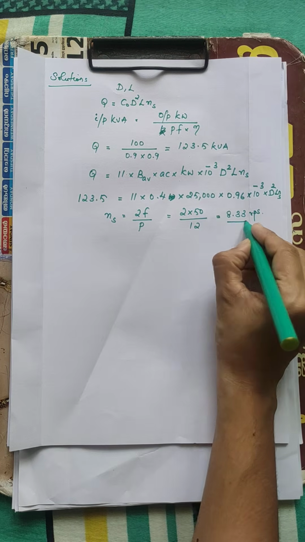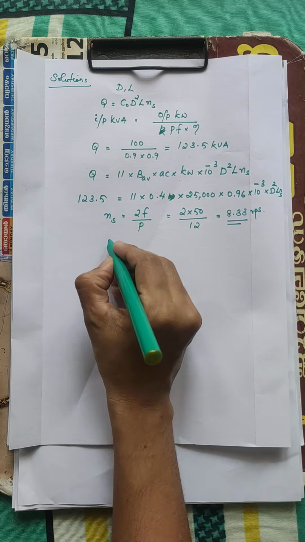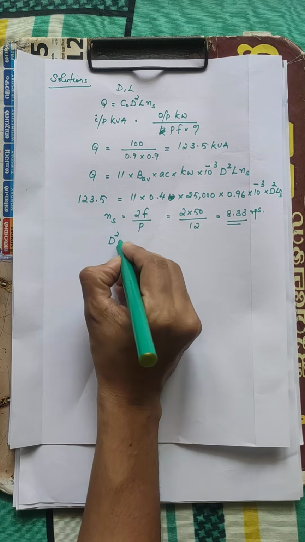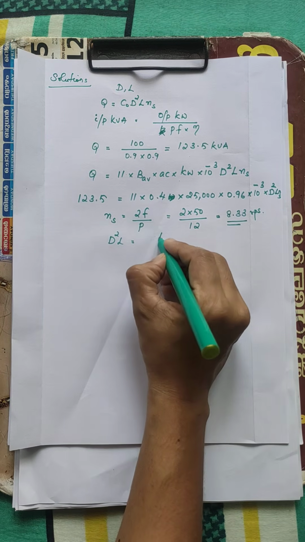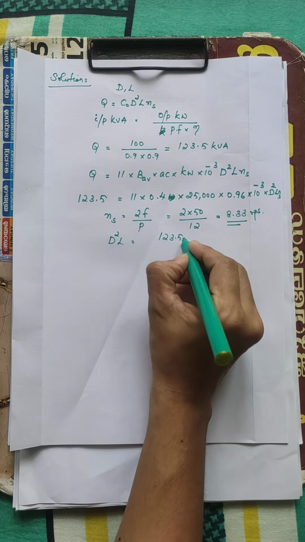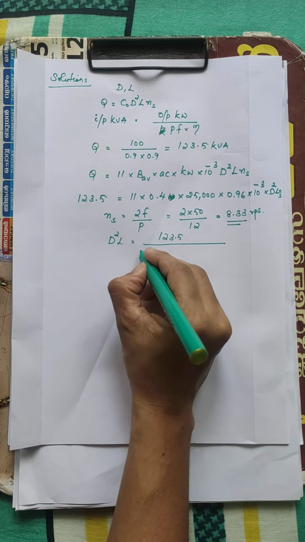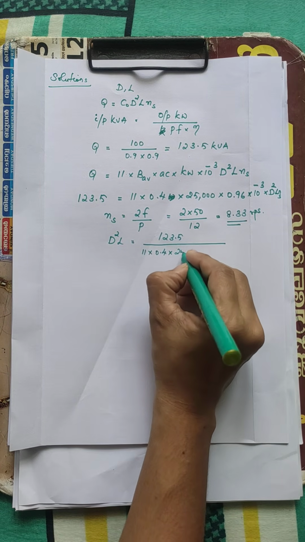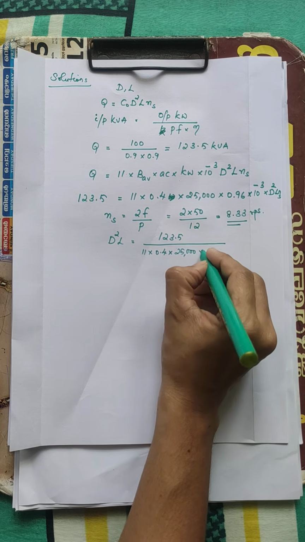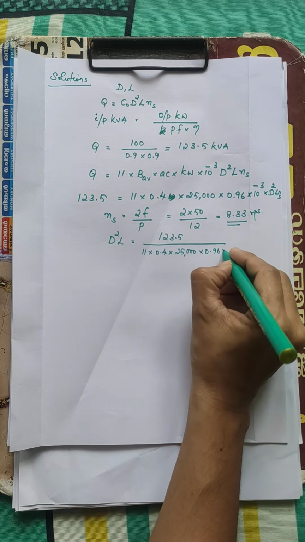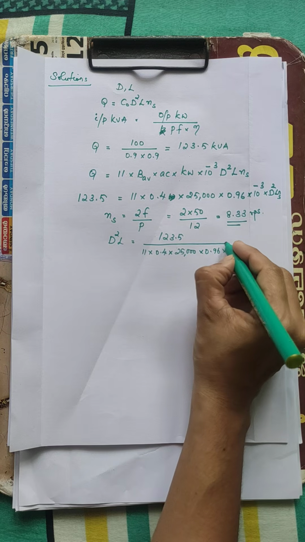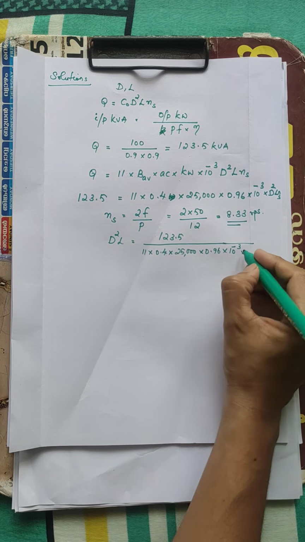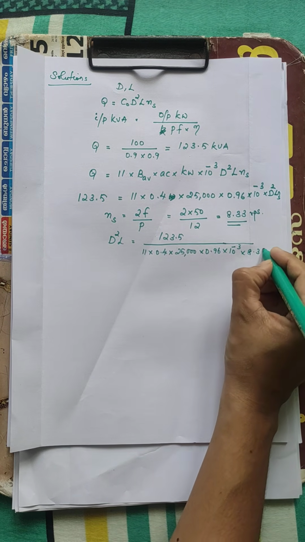Now, we can calculate D square L from here. So D square L will be equal to 123.5 divided by 11 into 0.4 into 25,000 into 0.96 into 10 raised to minus 3 into Ns, that is 8.33.